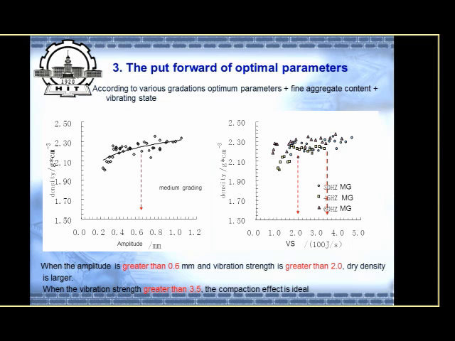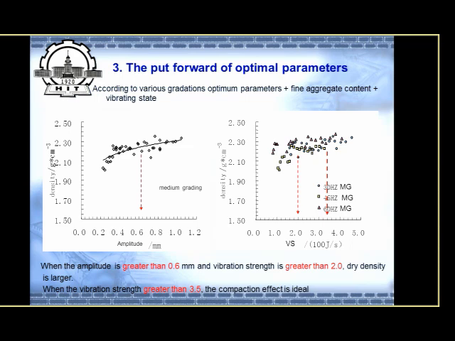So we consider the gradations, optimum parameters, the fine aggregate content and vibrating states. This figure shows the relation of density to the amplitude. We can find that if the amplitude is larger than 0.6, the density is bad. And this is the VS vibrating strength and the density relationship.